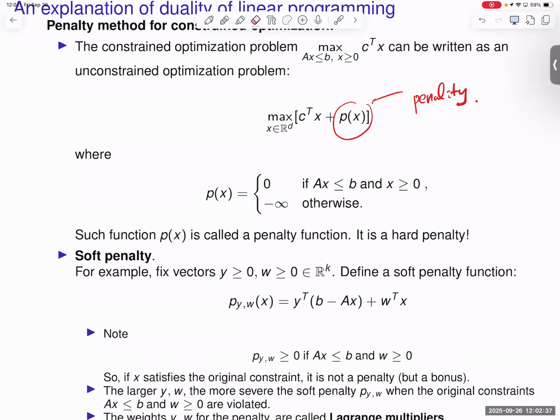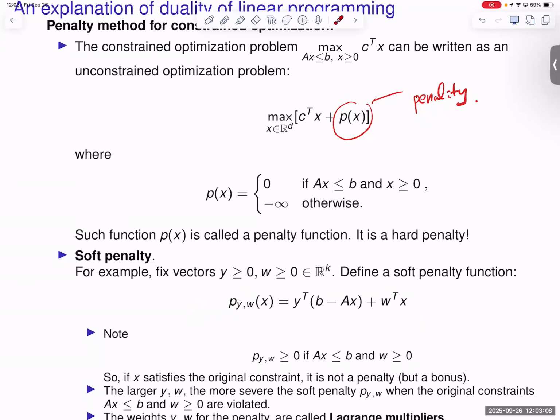Gradually. If you violate, let's say 5 kilometers over, then you charge like $50. I mean, 10 kilometers over, you charge $100 and so on. Okay, that is like a soft penalty. So instead of this kind of simple function, you put a function which gives some penalty value, depending on how much you violate the condition.